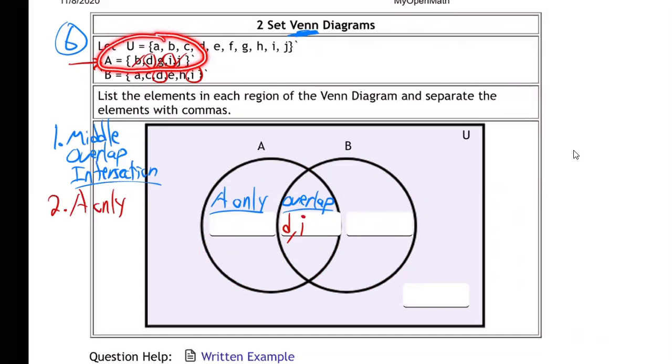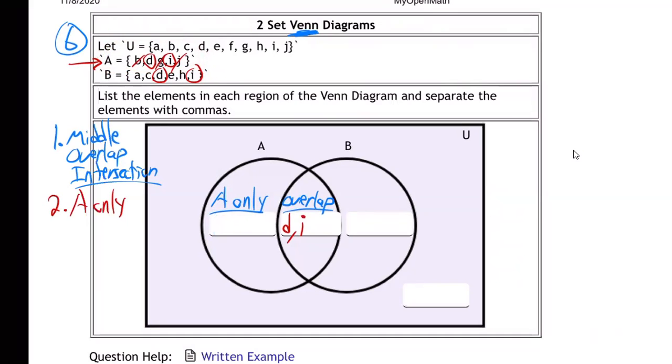So what letters, if you go back up here, are in A only? They're not in B. B, G, and J, right? Everybody see that?